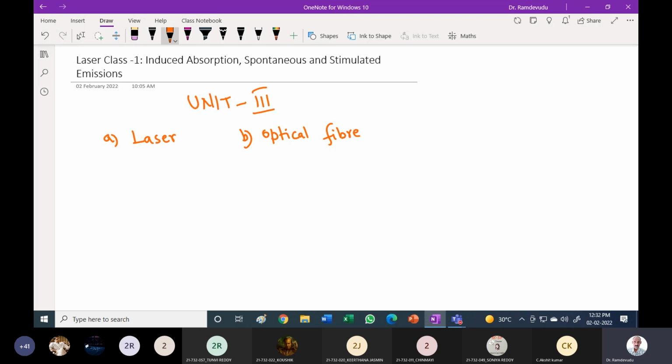Optical fibers are used as communication channels, and they are now used in civil engineering constructions like bridges as sensor elements to monitor the stability or health of the given bridge or construction.